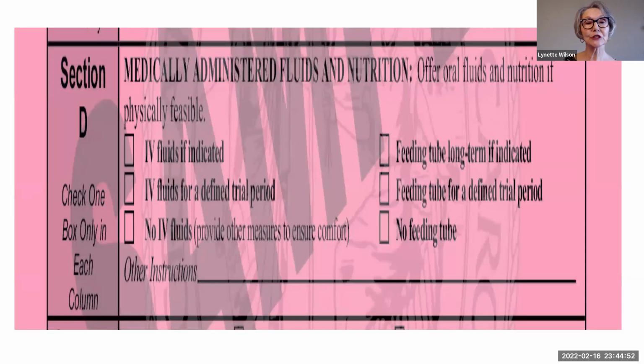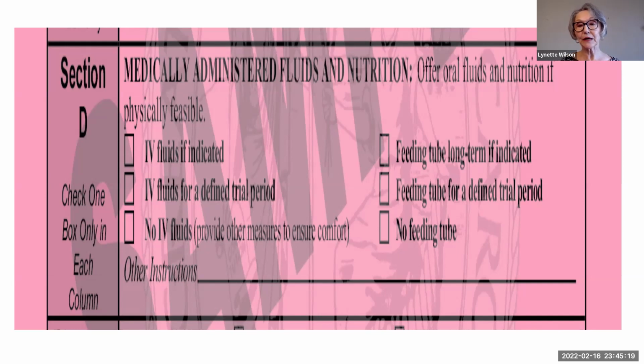Okay, the next section is medically administered fluids and nutrition. One column deals with IV fluids, the other column deals with feeding tubes. The ongoing indefinite use of IVs usually means that feeding tubes will be considered.